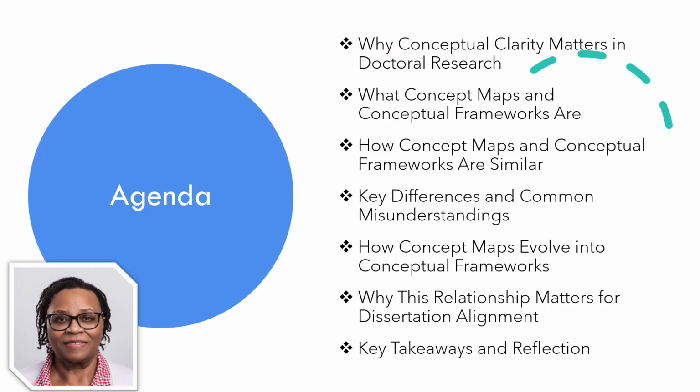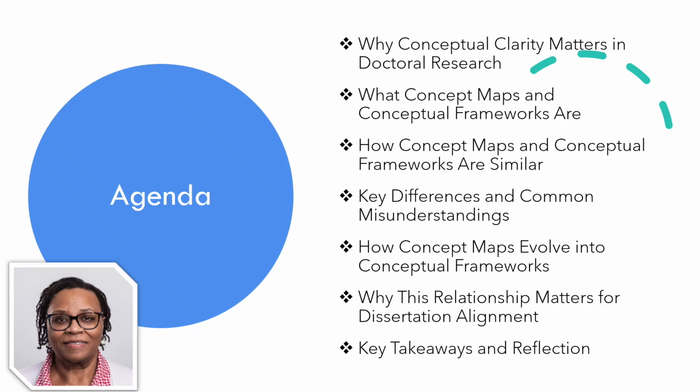In this presentation, we will walk through a clear roadmap for understanding how concept maps relate to conceptual frameworks in doctoral research. We begin by discussing why conceptual clarity matters so much in the dissertation process. From there, we will define what concept maps and conceptual frameworks are and explore how they are similar.